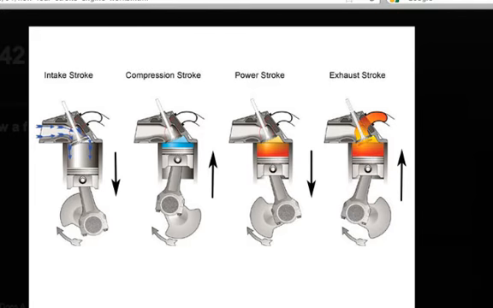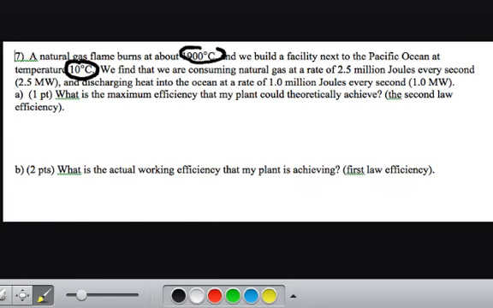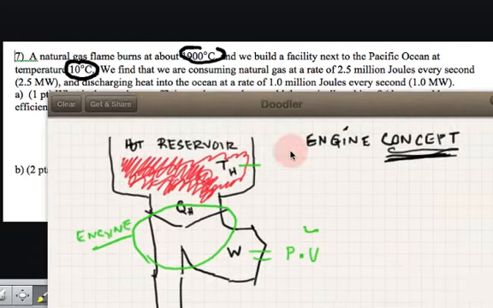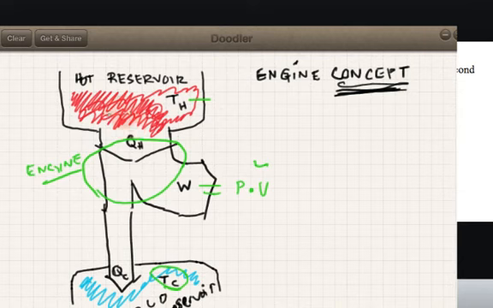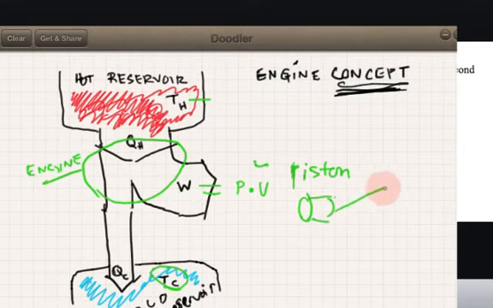Now, how that relates to what we described before is that this is the engine concept. You have the hot reservoir, the doing of the work, the pressure times the volume. This is the movement of the piston. In the power stroke, the piston is attached to the crankshaft and gets pushed by the expansion of the gas.